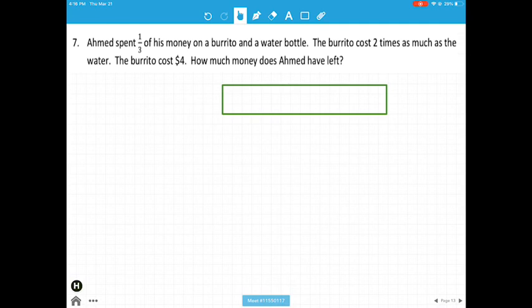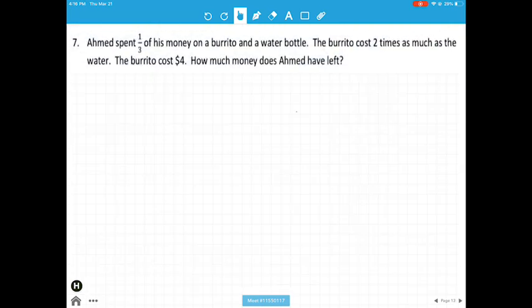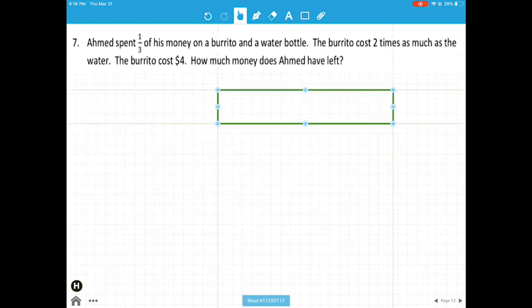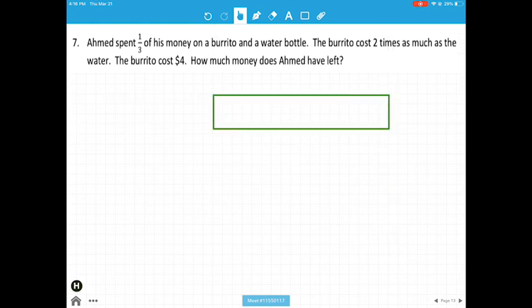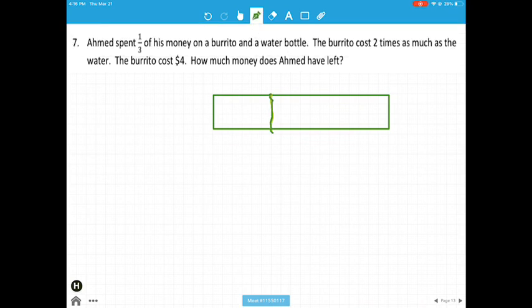We know that 1/3, we're going to cut them into 1/3 again, of his money is burritos and water. So this is burritos and waters.